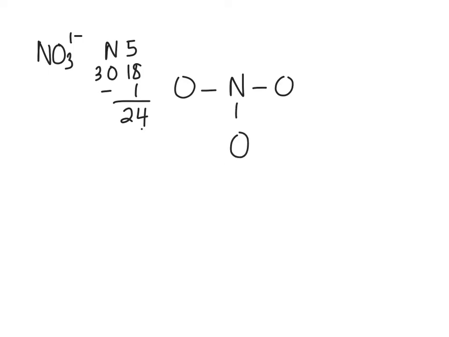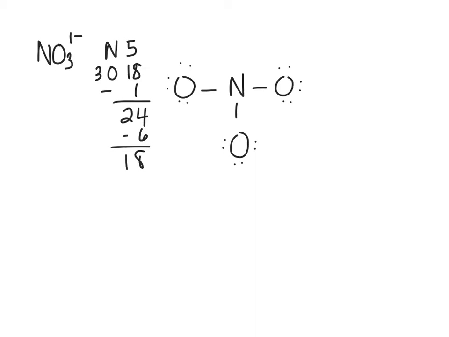So we've used 6. So we have 18 left to place. So what you have to do is you start by filling the octet of the outside or the terminal atoms. So each oxygen currently has 2 through the bond. So 1, 2, 3, 4, 5, 6, 7, 8, 9, 10, 11, 12, 13, 14, 15, 16, 17, 18.